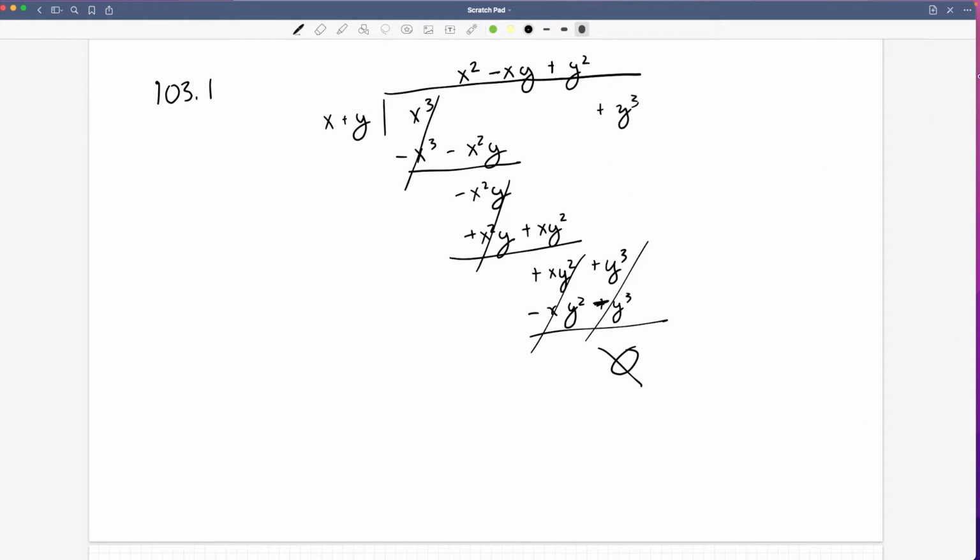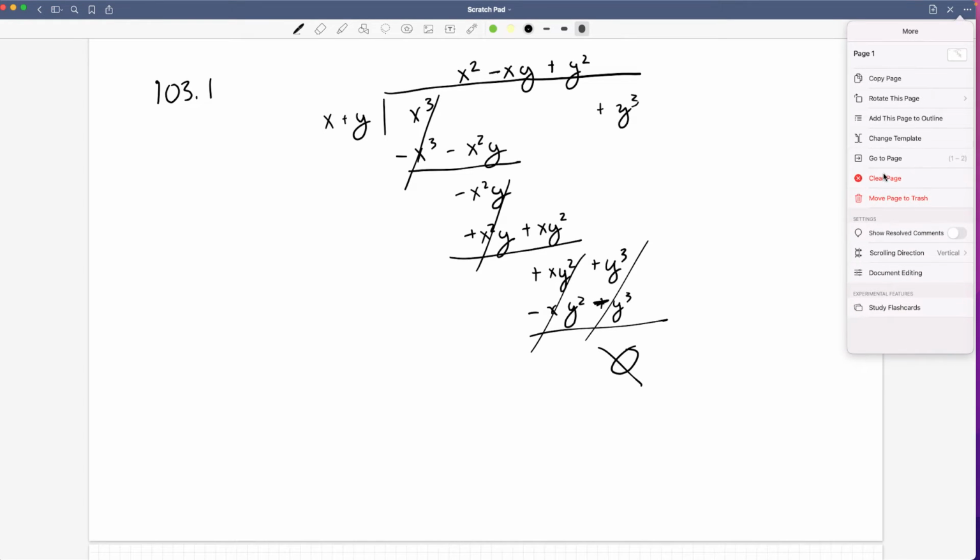Let's try another one. We're going to divide x cubed minus y cubed by x minus y. So very similar. This is 103.2.